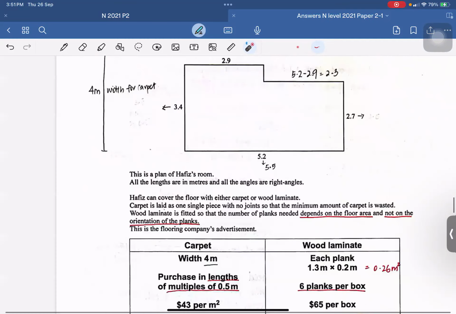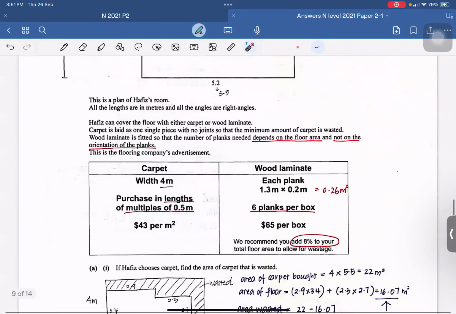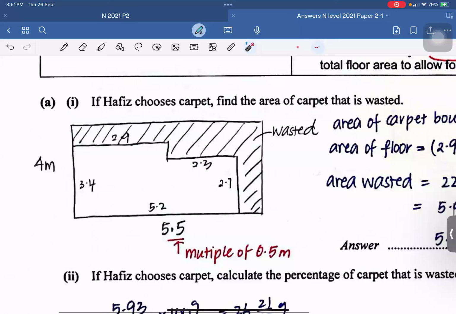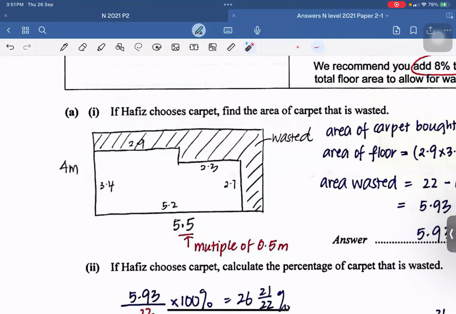So in this case, let me do a sketch of my diagram. It will look like that. 4 meters, 5.5 meters. Until now, do you all know how we get the 4 and the 5.5? You all know? Yes, okay, good.